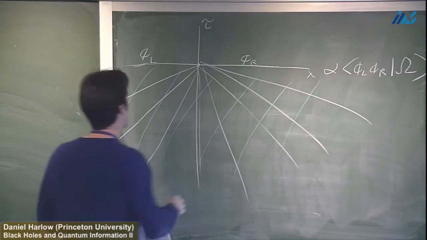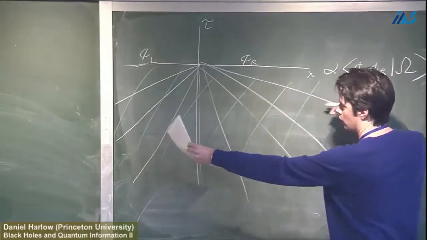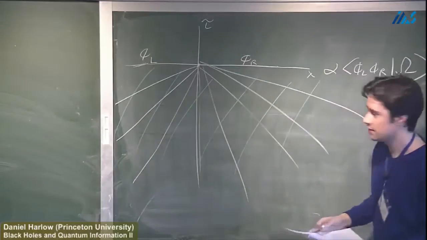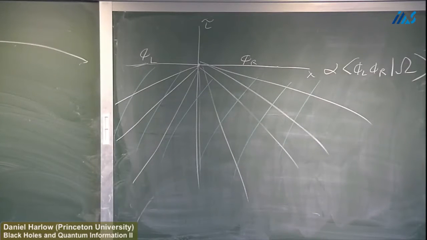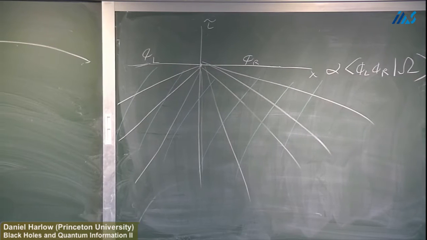Okay, so I can split things up like this, and what does that mean? Well, these slices I drew in white, I can also think of as here's phi right, and here's something I'll call theta times phi left, which I'll comment on in a sec.